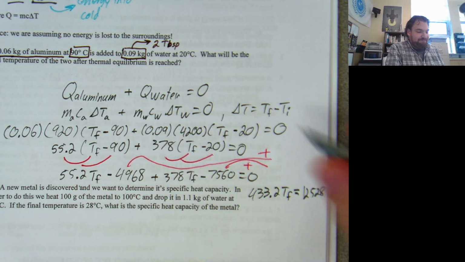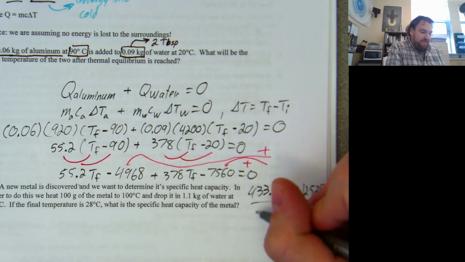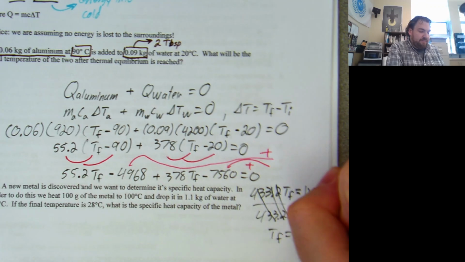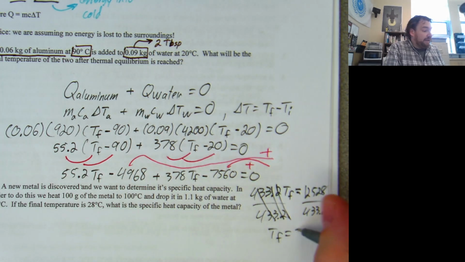The last step. Divide both sides by 433.2, and you're going to find that your final temperature is a balmy 28.9 degrees Celsius.